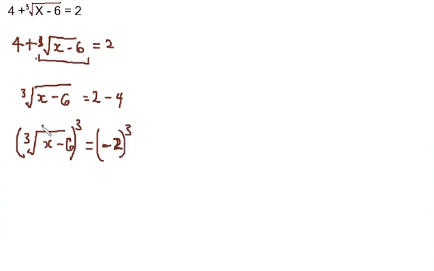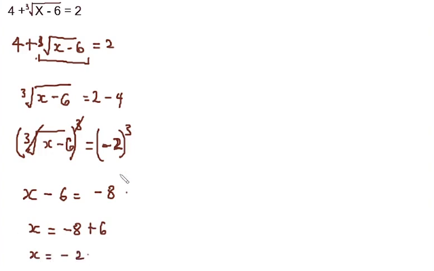The cube root can cancel out the cube. So I'll be left with x minus 6 is equal to minus 2 cubed, which is minus 8. Making x the subject of the formula for this equation, I have x is equal to, minus 6 moving over to this side is plus 6, so minus 8 plus 6. So x is equal to minus 2.